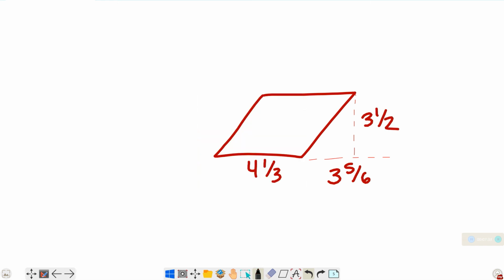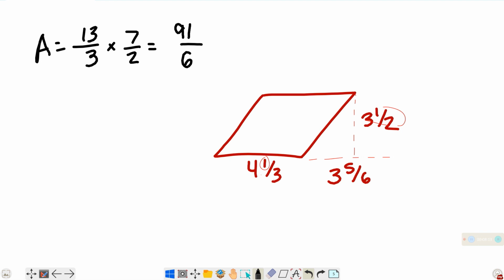We have to be careful about how we multiply our fractions here also. 4 times 3 is 12, plus 1 more is 13. 3 times 2 is 6, plus 1 more is 7. 13 times 7 is 91. And 3 times 2 is 6. It was measured in meters, so it's meters squared.